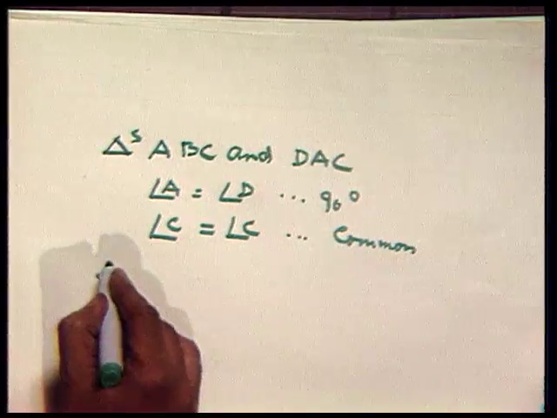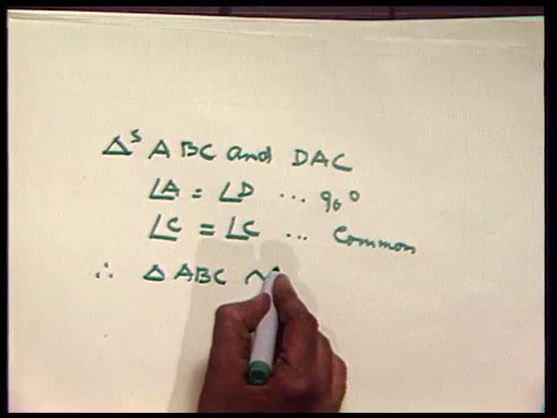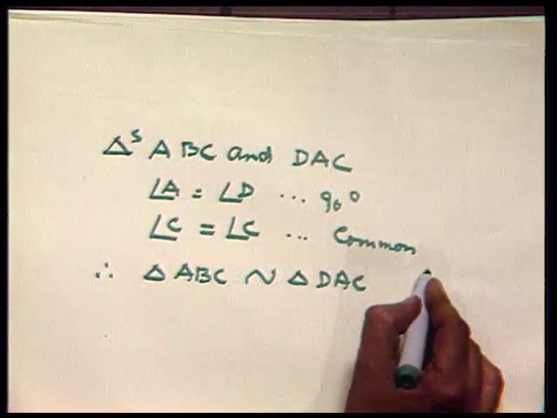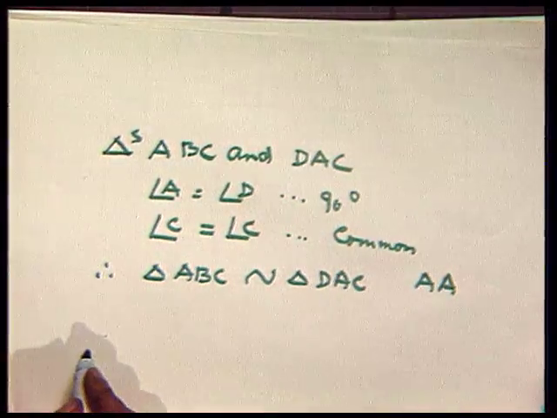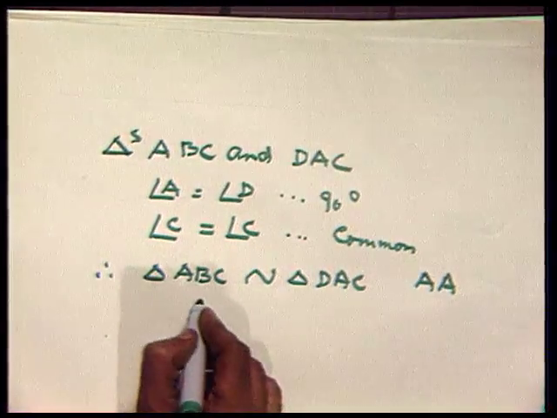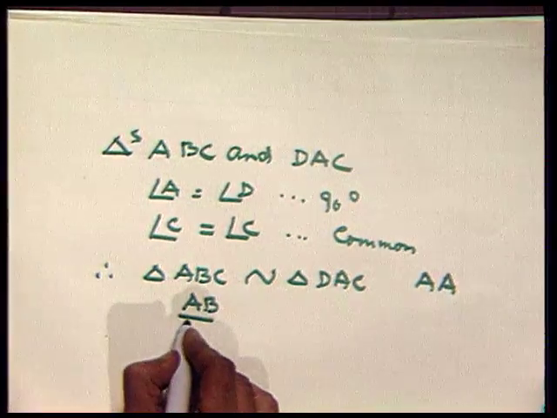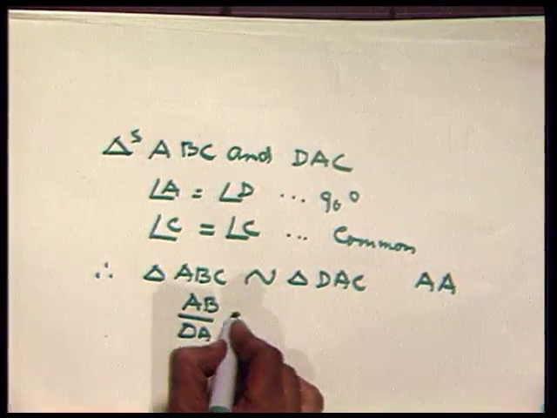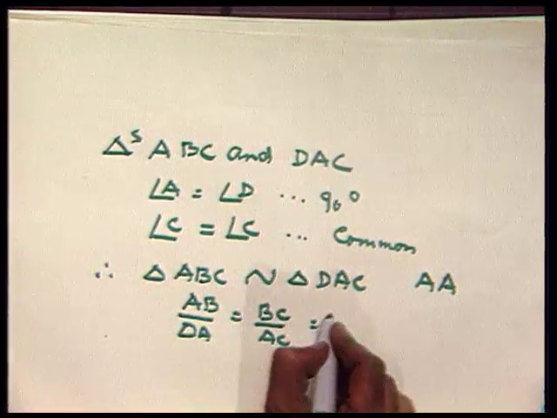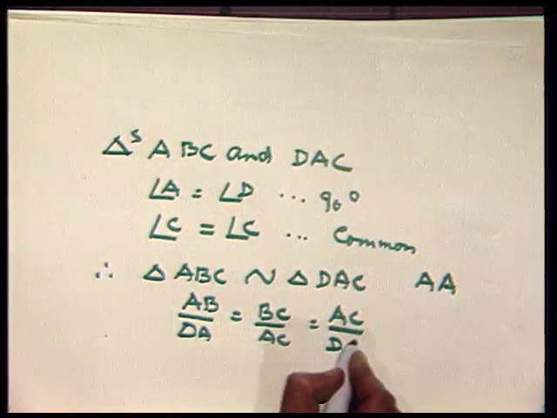and therefore, we can say that triangle ABC is similar to triangle DAC by AA similarity. Now, since these triangles are similar, their corresponding sides will be proportional, that is AB upon DA will be equal to BC upon AC is equal to AC upon DC.